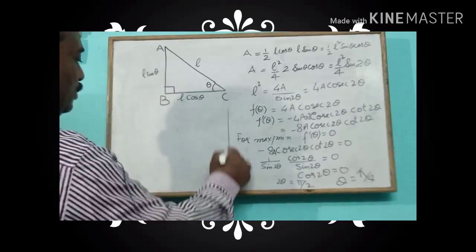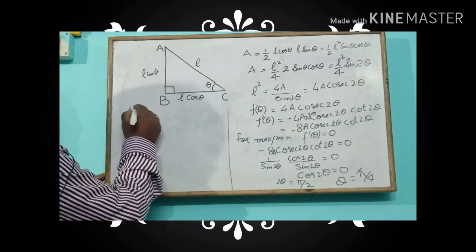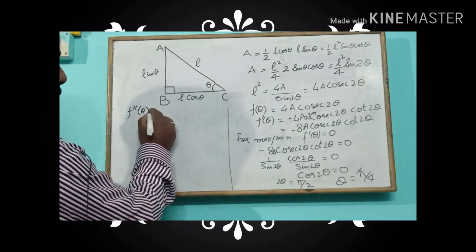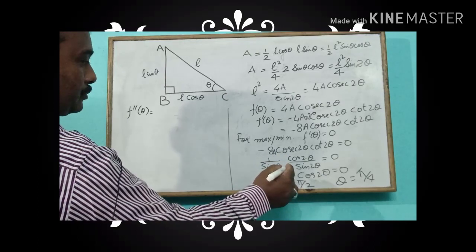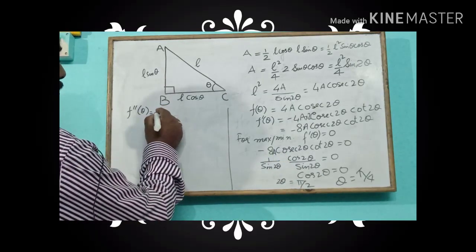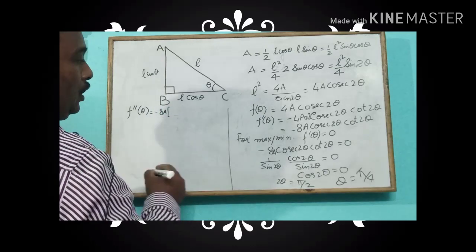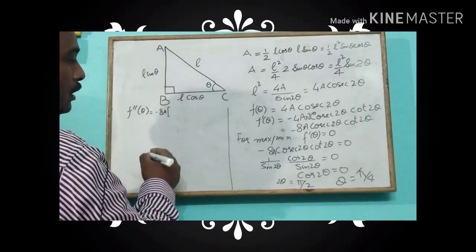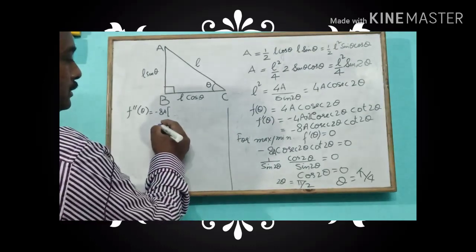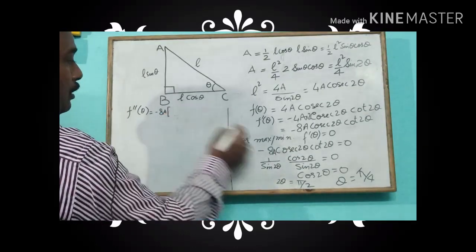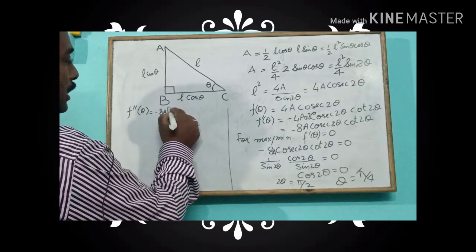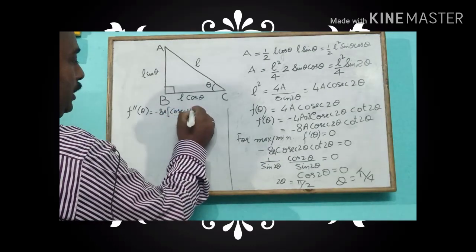So let us find out the second order derivative, f double dash theta, that is minus 8A cosec theta cot 2 theta, that is u into v, cosec 2 theta.